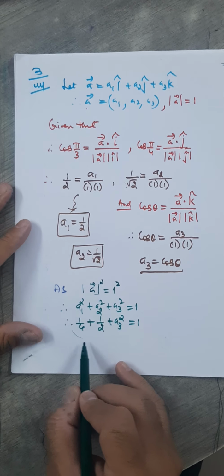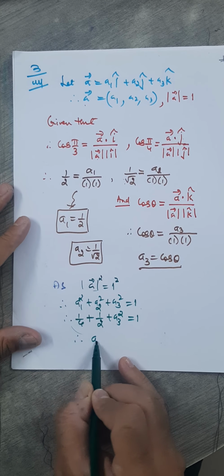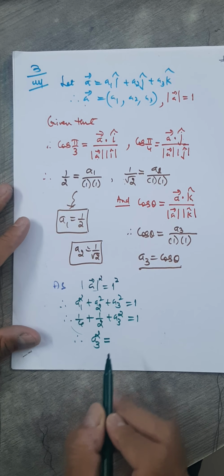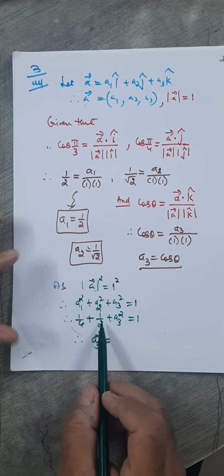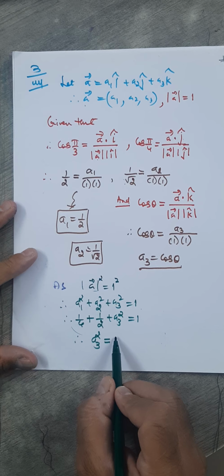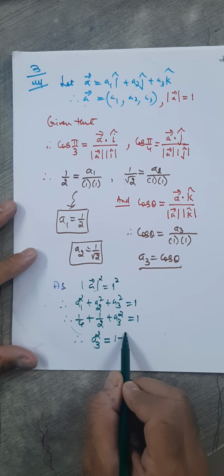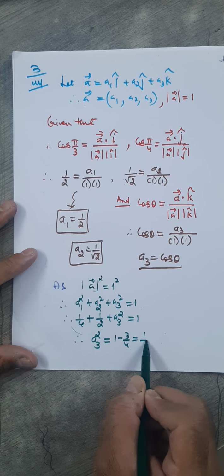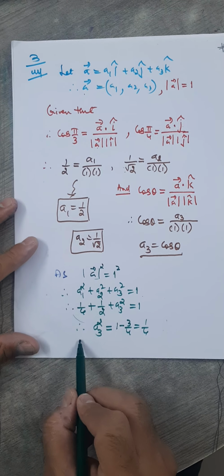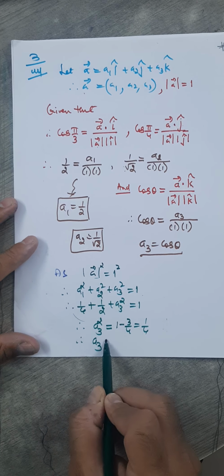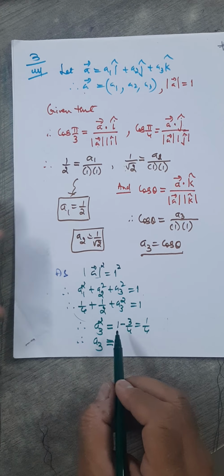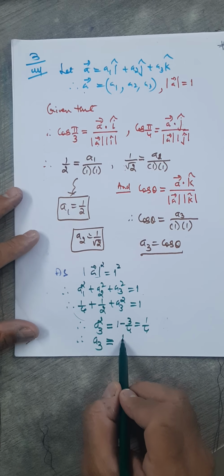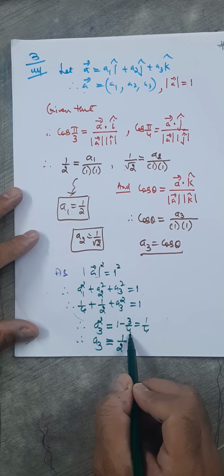So let's simplify this. From this you will get A3 square equals, what is this? This is nothing but 3 by 4. I'll take it to the other side, 1 minus 3 by 4. So that's just 1 by 4. Fine. So A3 has to be what? Actually plus or minus 1 by 2. But just read the question. You are given that theta should be an acute angle. So it should be just 1 by 2.